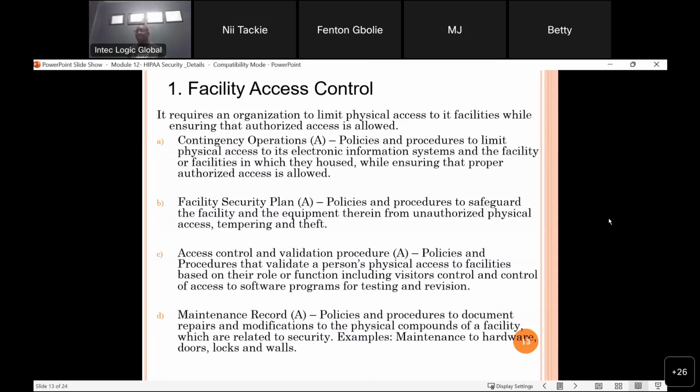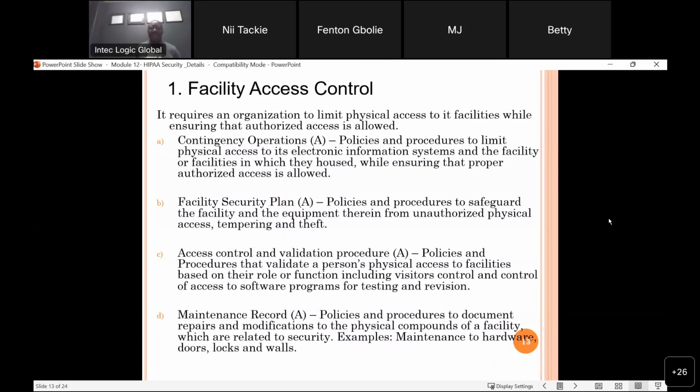That is a physical access control. Only the people that you authorize should come to the facility, especially where there is PHI. A visitor cannot just walk into the facility and go to the doctor's room, go to where the chart is. No. Physical access requires that.